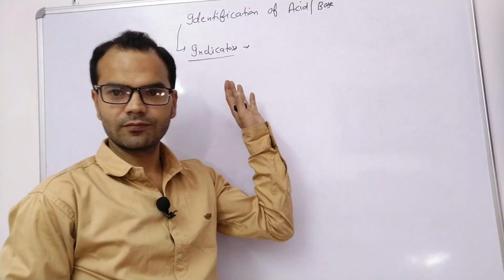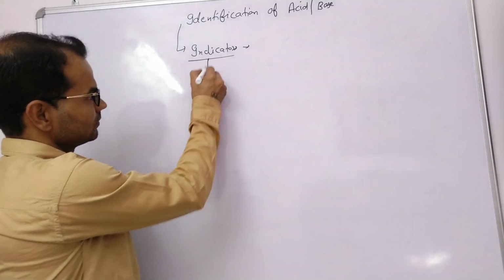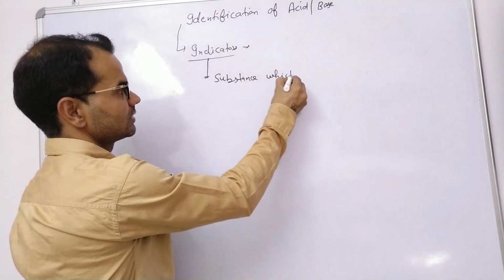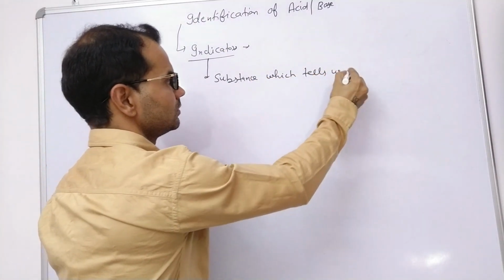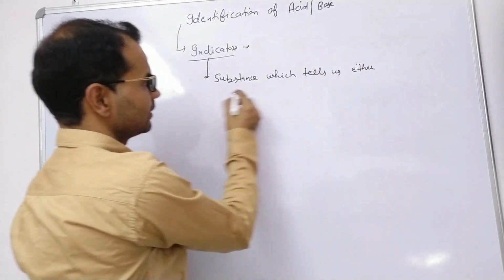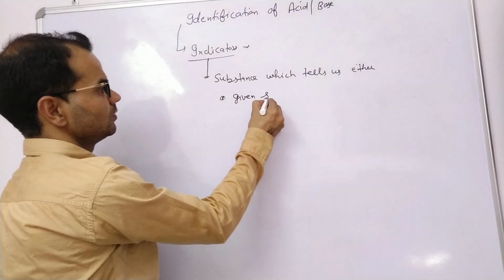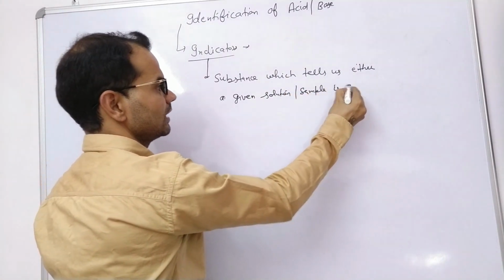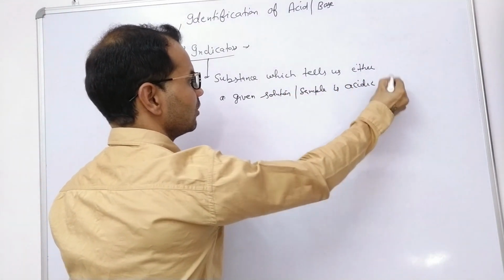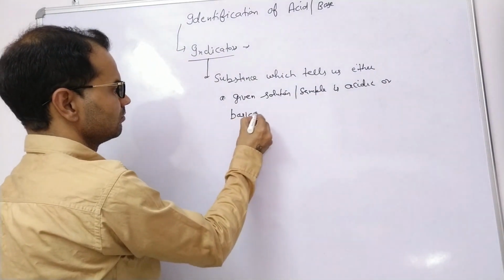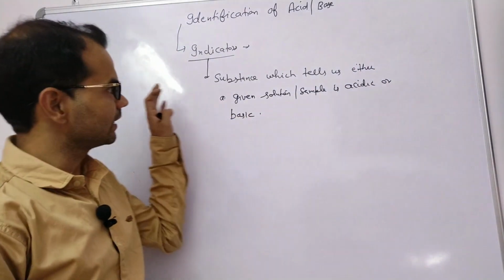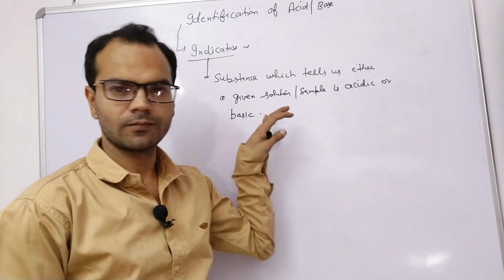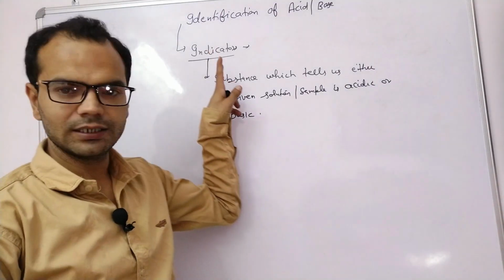Now what is an indicator? An indicator is a substance which tells us whether a given solution or sample is acidic or basic. That substance is called an indicator.